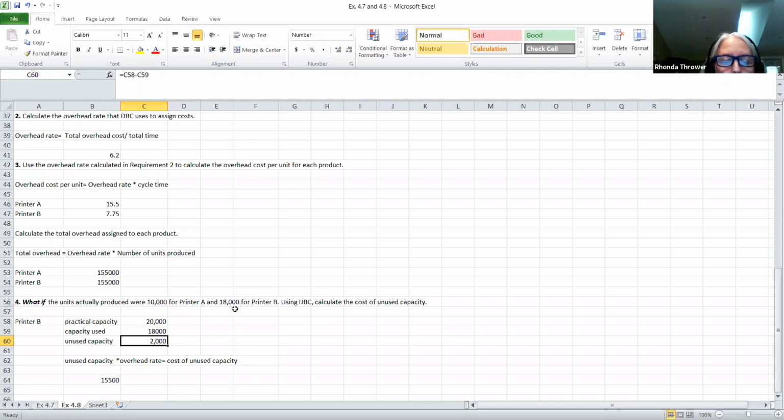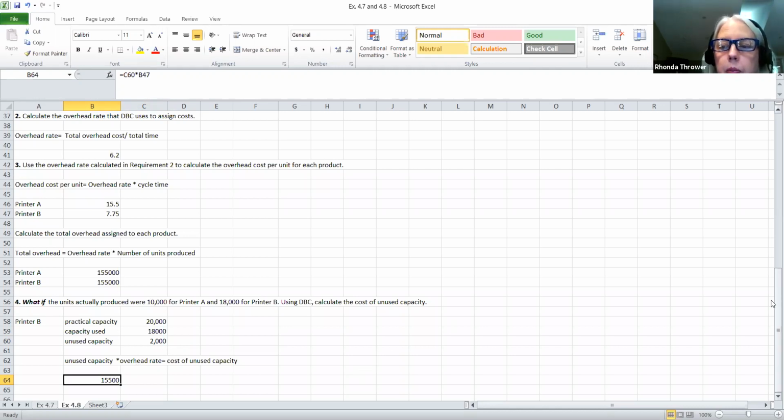So for printer B, because we produced 18,000 units and we thought we could produce 20,000, we had some unused capacity of 2,000 units. And this 2,000 units would be multiplied by the overhead rate for printer B, which is $7.75. And that would give you an unused capacity cost of $15,500.